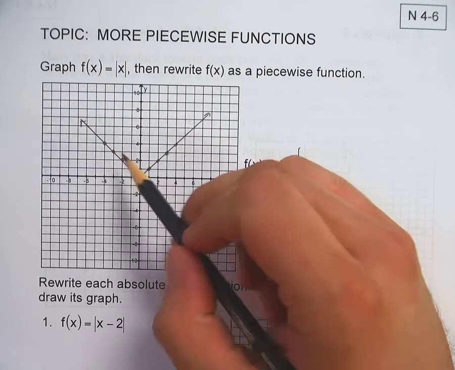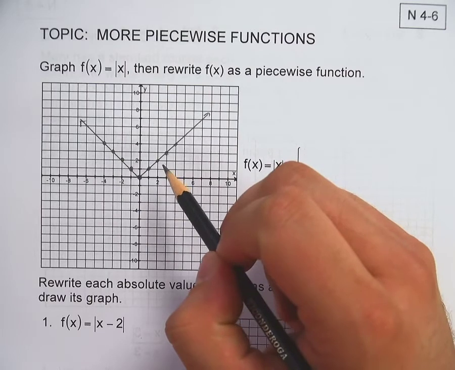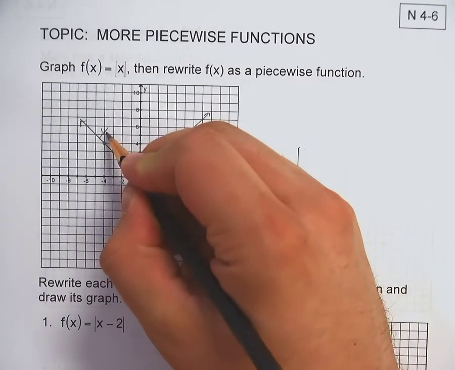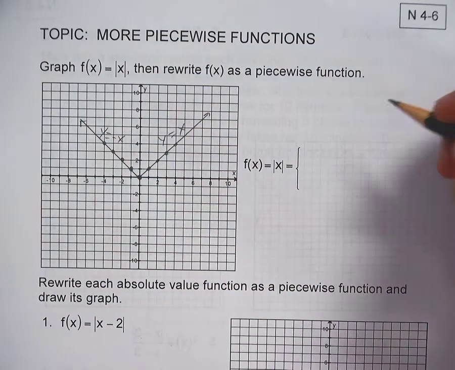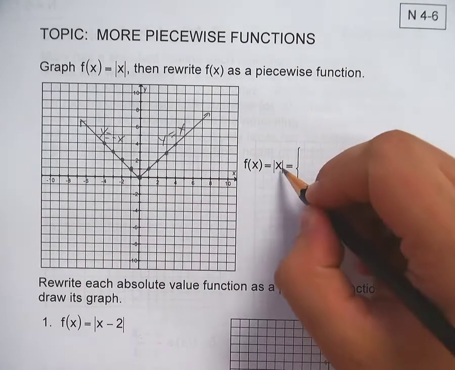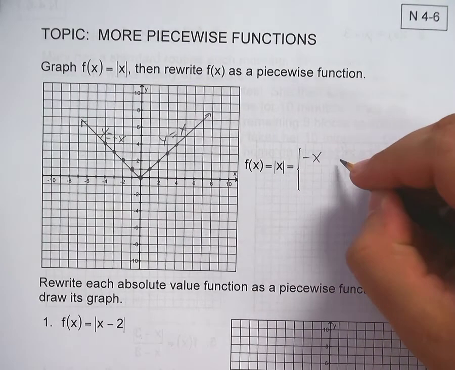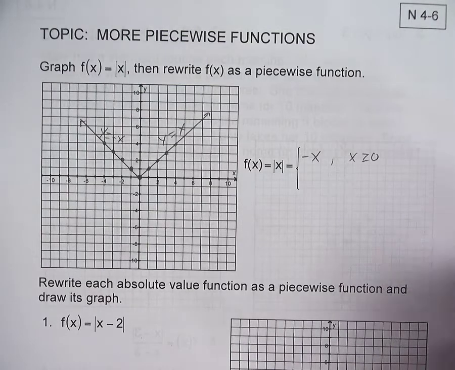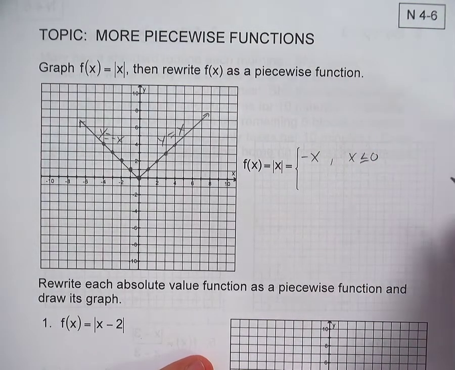If you notice, this side kind of looks like its own equation, and this side kind of looks like its own equation. And if I had to write an equation for it, this would be y equals negative x, and this would be y equals x. So remember, we always start with the left. The absolute value of x could be rewritten as negative x, where x is less than or equal to 0.